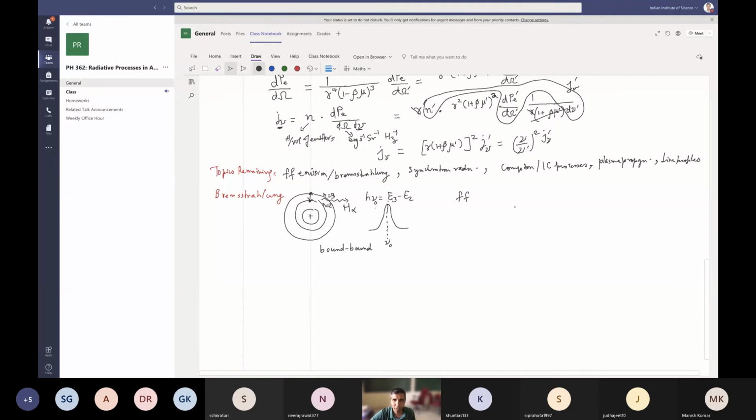This is bound. Free is basically this situation. Suppose you have a proton and an electron. Electron collides with the proton, it gets sort of bent. So there is this electron which is far away, which has moved. So there is a little bit of time here during which the electron is accelerated.